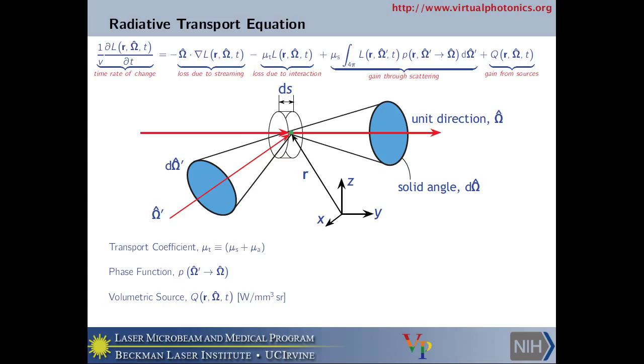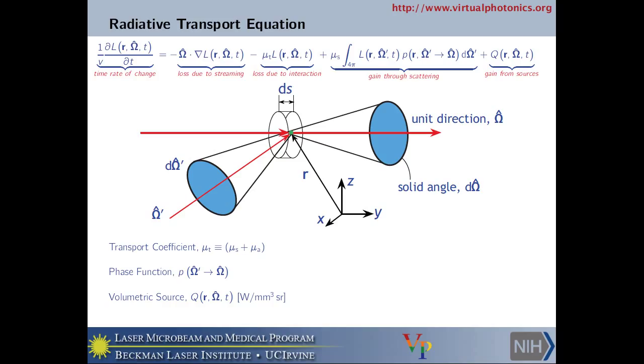And this is a directional derivative. This is the spatial gradient of the radiance, dotted in the direction of propagation, omega. So this basically says, how much light do we have moving into or out of that volume in the direction omega that we're considering?